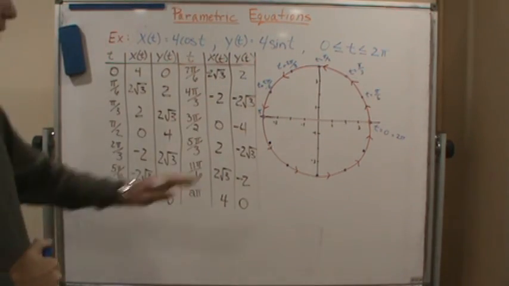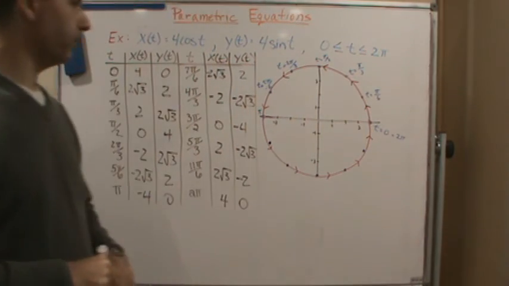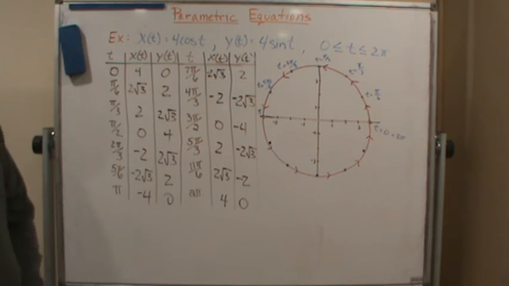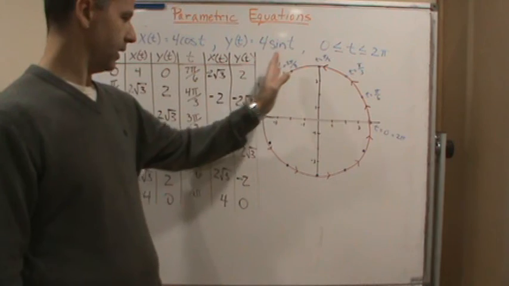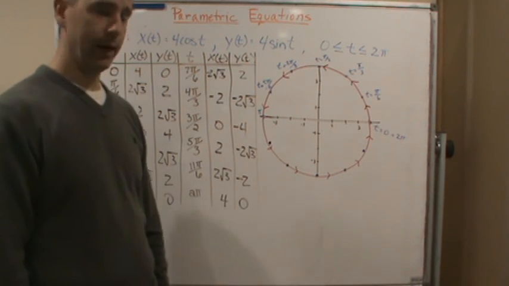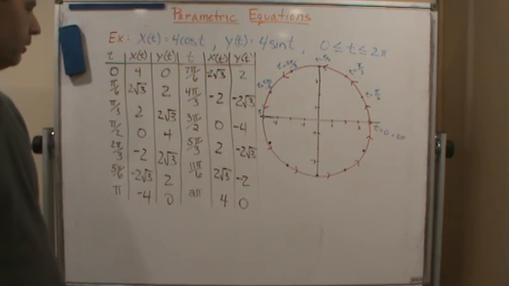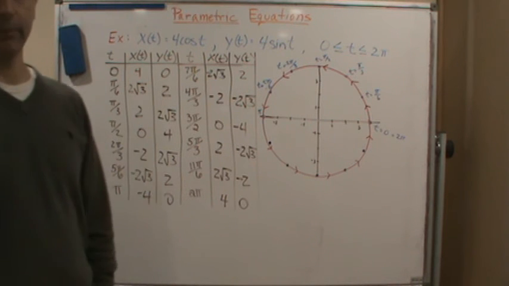Okay, so we can continue on labeling these, and that would be our parametric curve. So this is the graph, right? So the parametric curve. And that's how we do it.